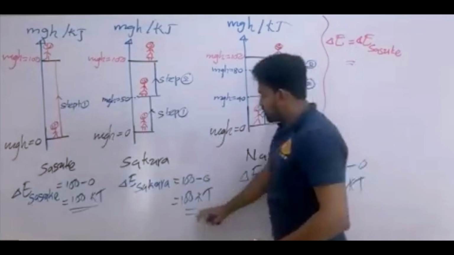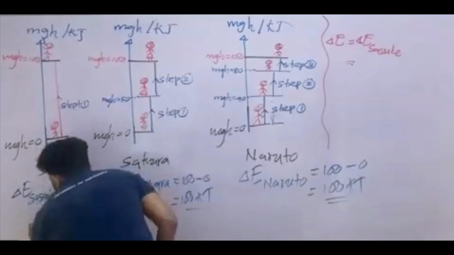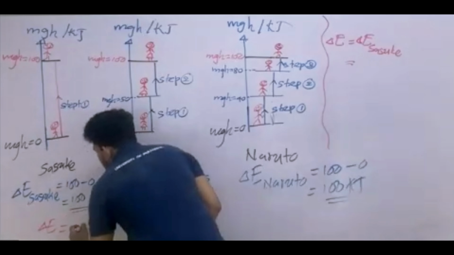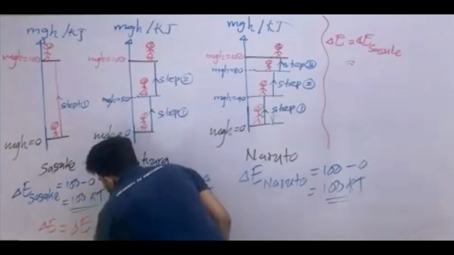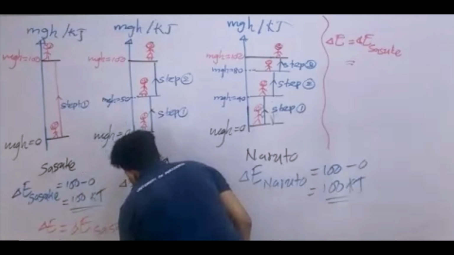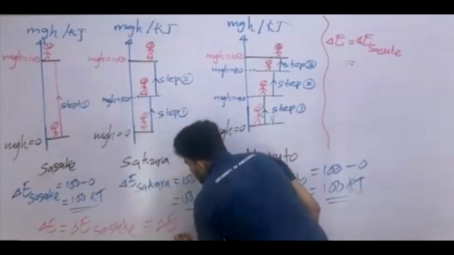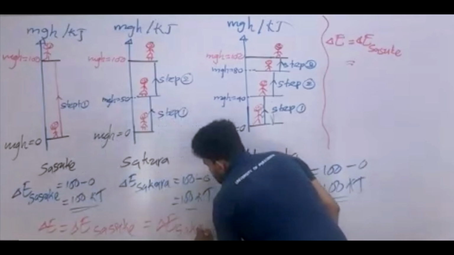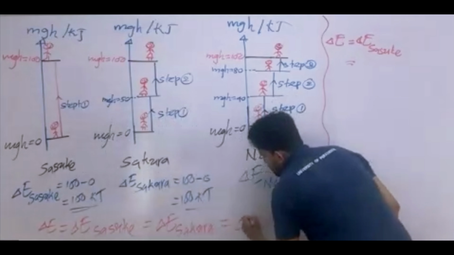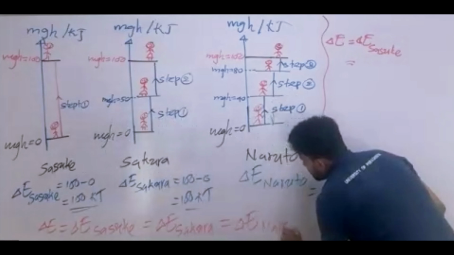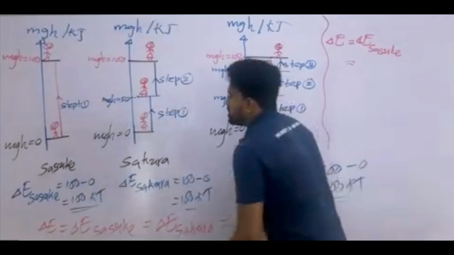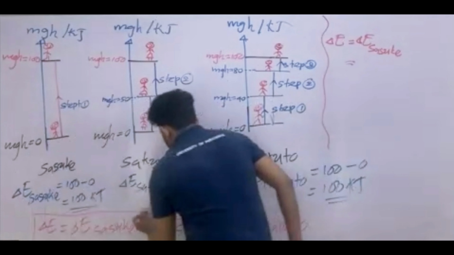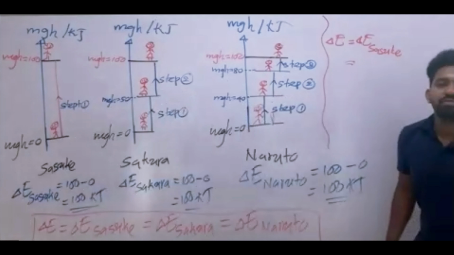So you better write this one, and then I'll use space here. Delta E Sasuke is equal to delta E Sakura, is equal to delta E Naruto, right? So this is the thing that you can write down in the final box.